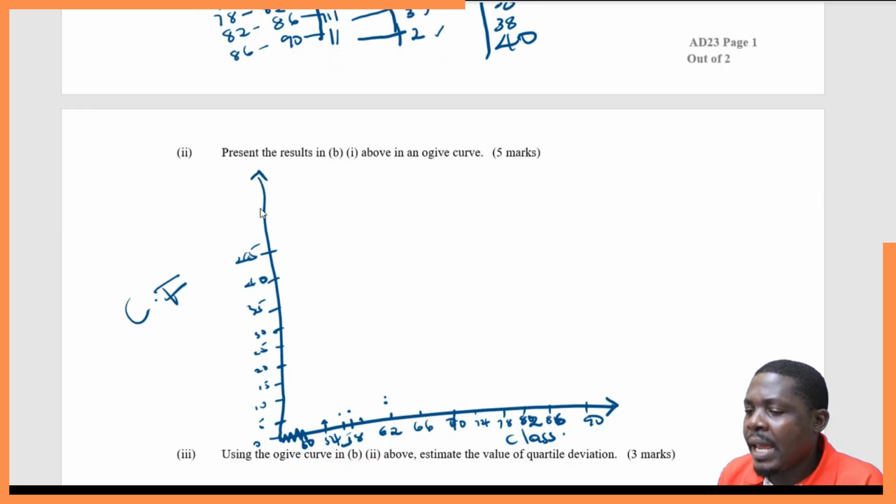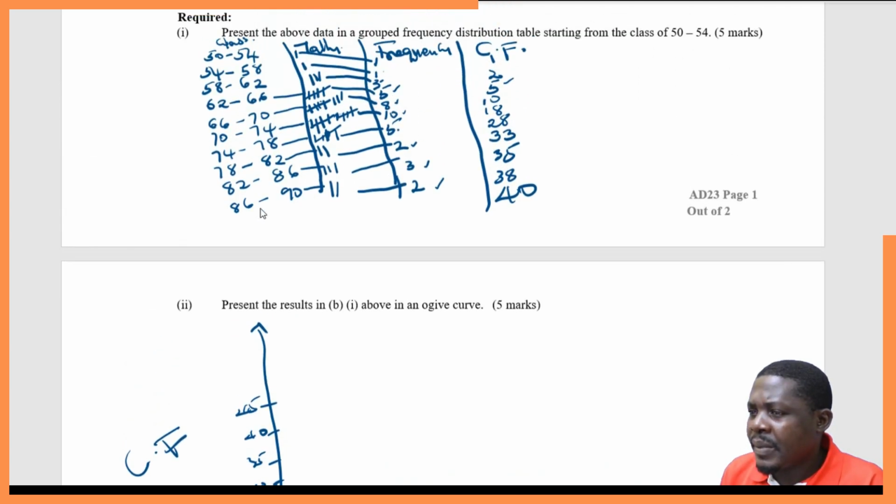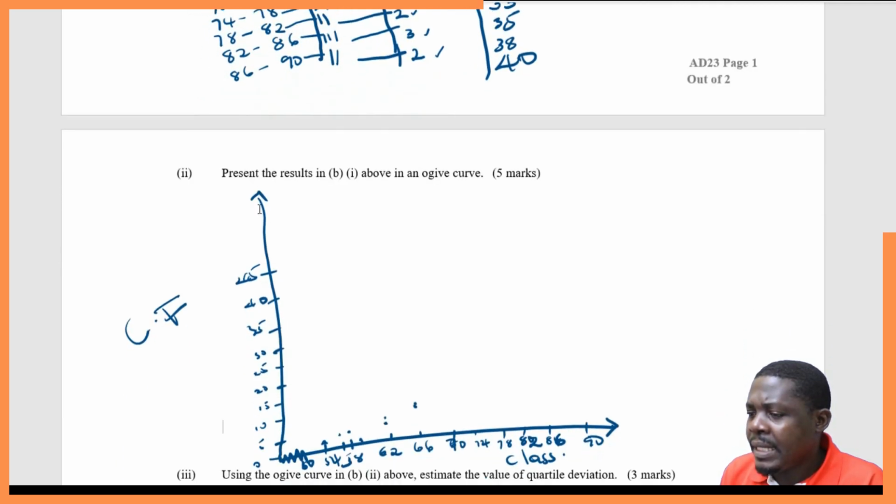And then we have 66, we had 10. 70 we had 18, just slightly below 20.